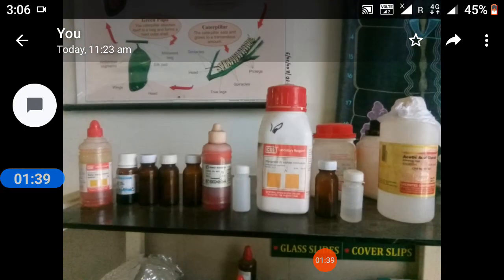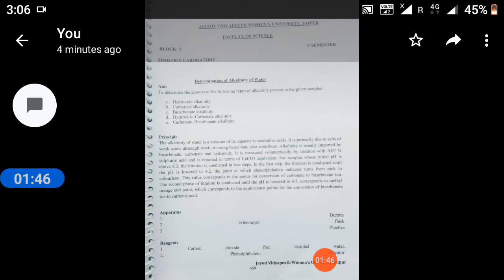Principles of determination of alkalinity of water. The alkalinity of water is a measure of its capacity to neutralize acid. It is primarily due to salts of weak acids, although weak or strong bases may also contribute.